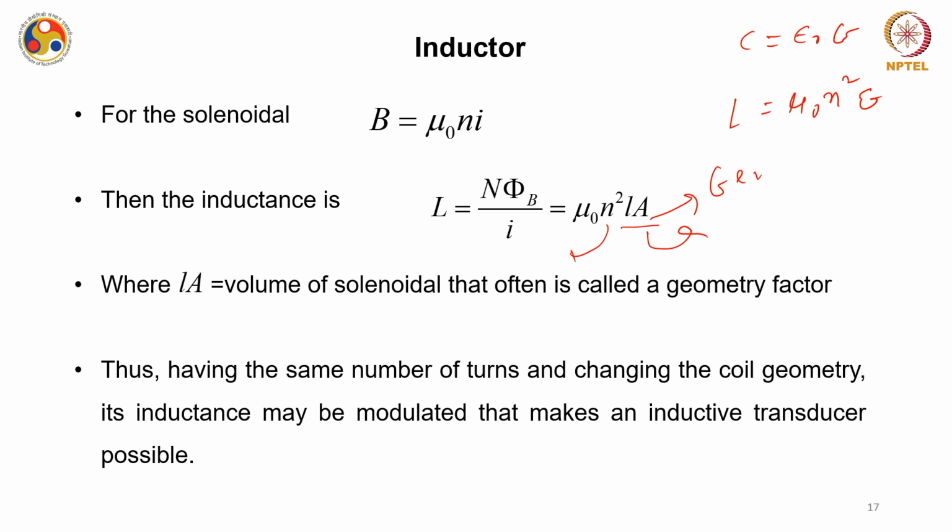It is quite possible by making the coil arrangement different from the first case. Okay. The volume can be changed. If two solenoids having the same number of turns per unit length have different volume, the inductance will change, right? And therefore, a sensor can be designed using this particular factor.